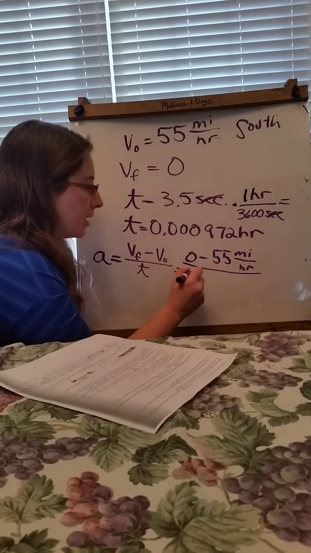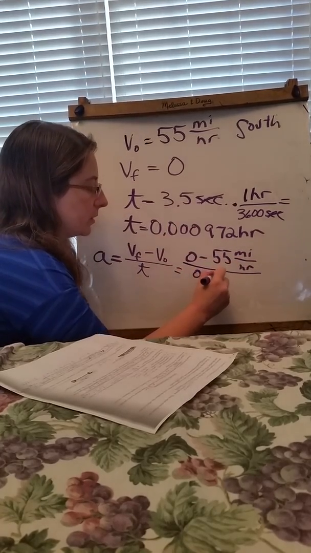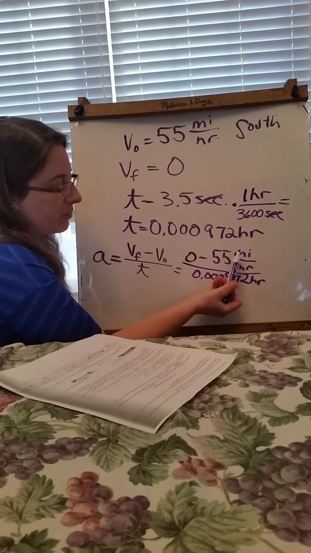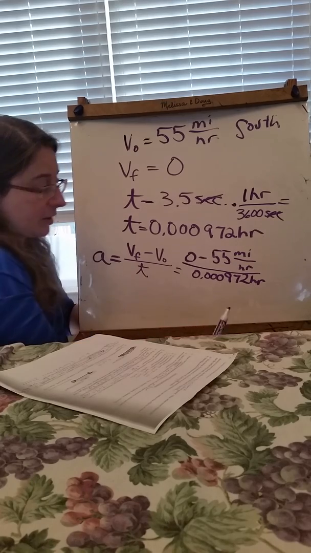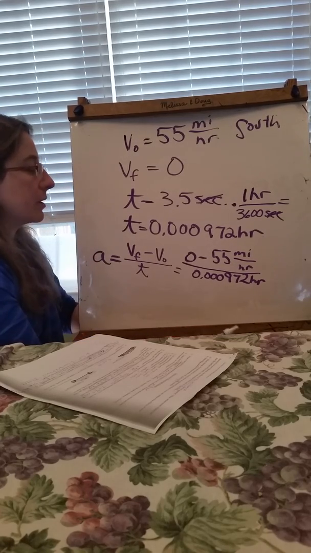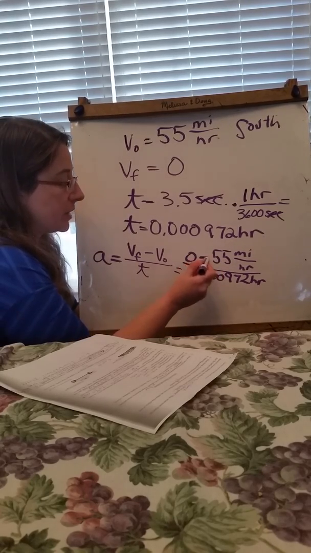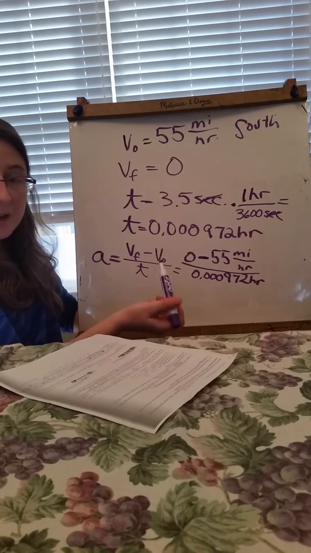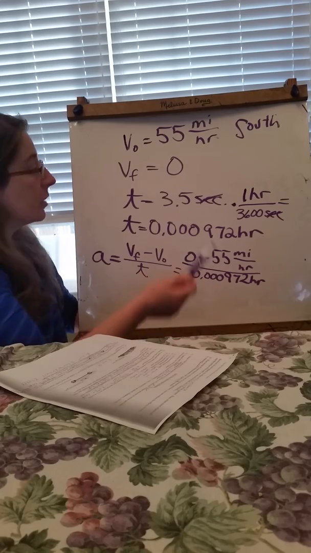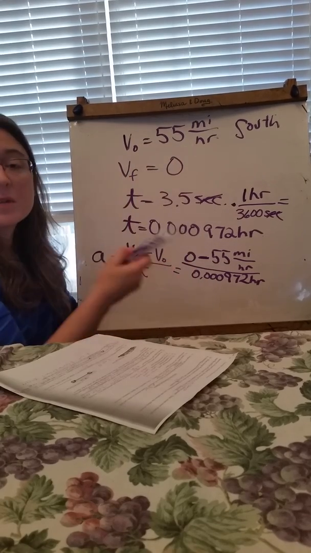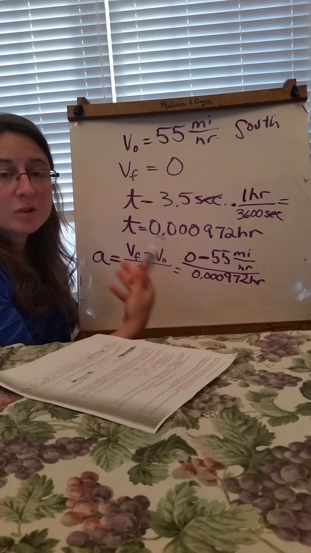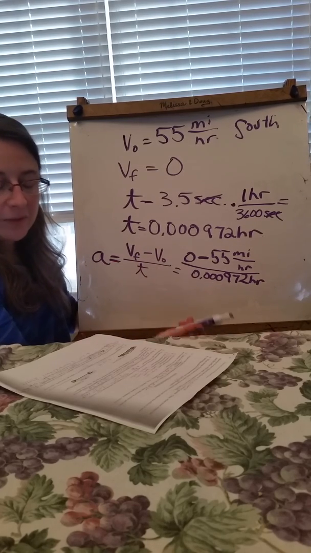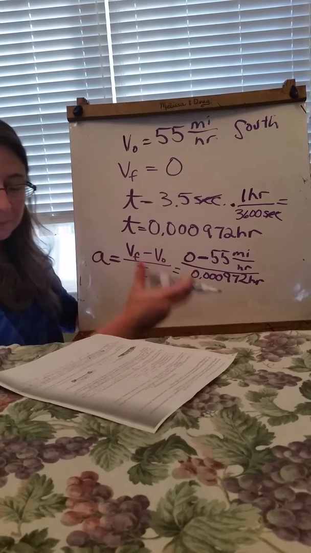And our time was 0.000972 hours. So now we have miles divided by hour, so that's miles per hour squared. This 55 ends up being negative because of the equation. So we're going to end up with an acceleration that's negative. We had a velocity that was positive. That just shows that velocity and acceleration are pointed in different directions, which makes sense because the car is slowing down. That's what we expect when the car is slowing down.